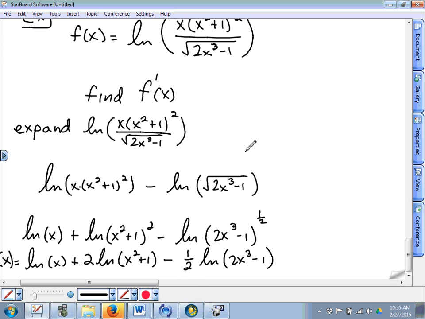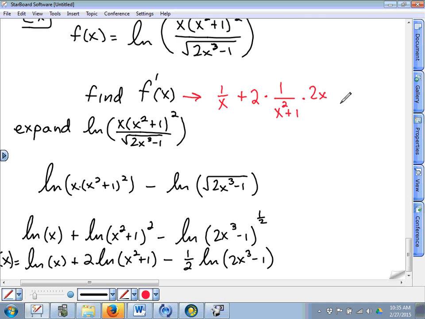So, what's the derivative of just natural log of x? Now, this 2 in front, when you're taking the derivative and there's a constant multiple, you just take that out of the derivative process and remember to multiply it at the end. What's the derivative of natural log of x squared plus 1? It's 1 over x squared plus 1 times 2x.